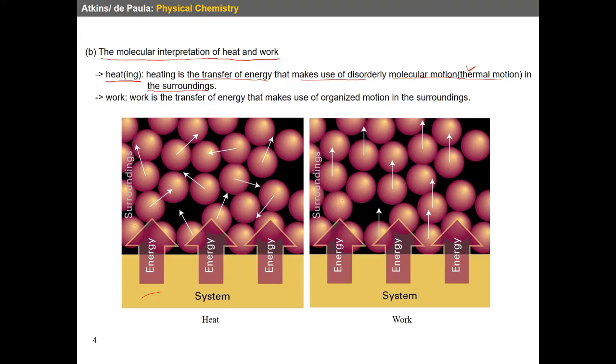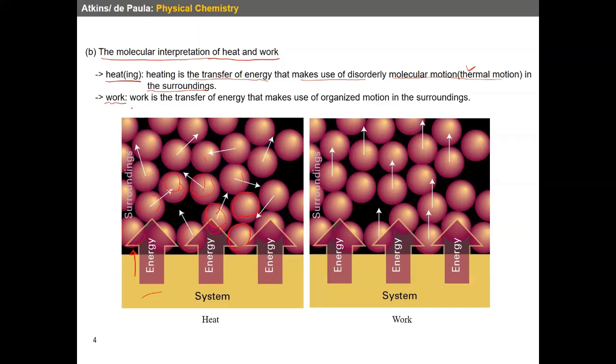So if there is a system and there are surroundings, and the surroundings consist of molecules, and there is some heating, then energy is applied from the system to the surroundings. By this applied energy, the molecules of the surroundings will have motion, but the direction of the motion is random. So there is this disordered molecular motion.